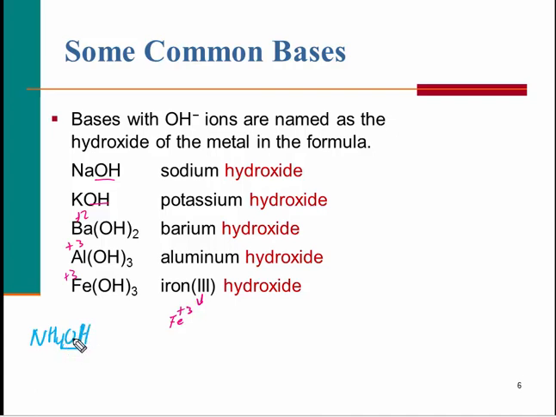It has the hydroxide ion, but this is actually a misnomer. Misnomer means it's misnamed. Ammonium hydroxide doesn't actually exist. You might see this on some reagent bottles just for convenience's sake, but actually what this is is ammonia. Now ammonia is a gas.